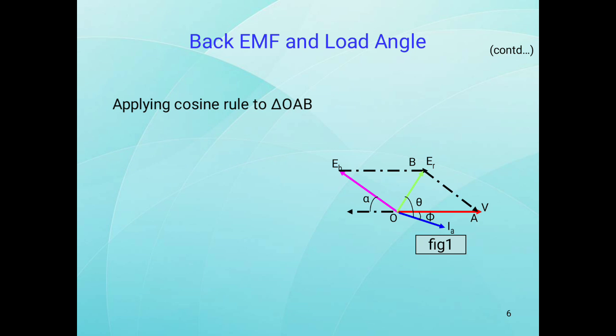The angle between ER and IA is theta, the internal or impedance angle. Phi is the phase angle, alpha is the load angle.